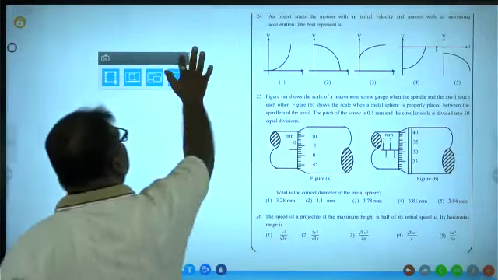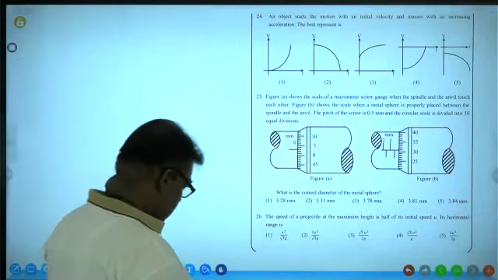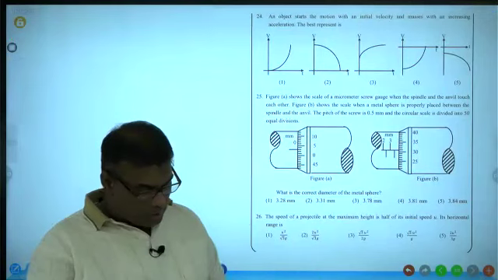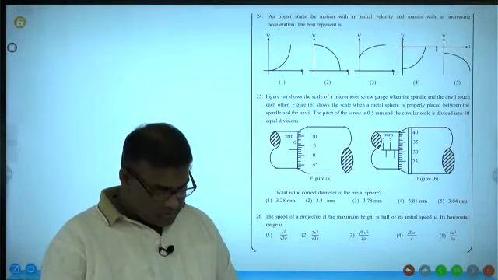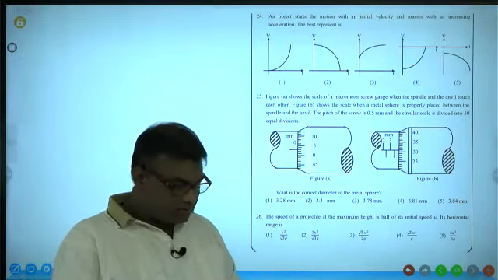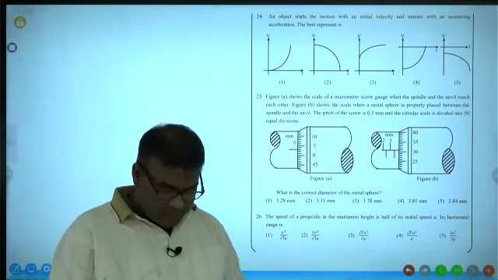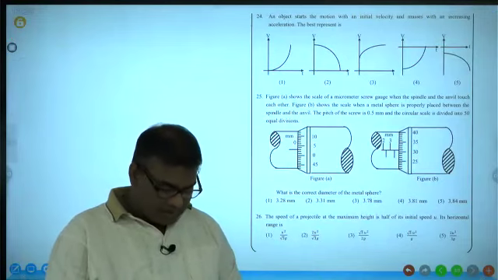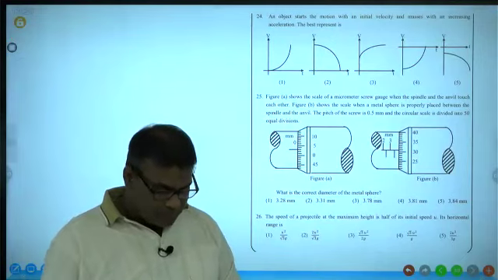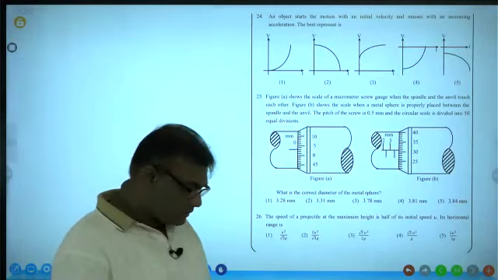Okay, number 24. An object starts the motion with an initial velocity and moves with an increasing acceleration. Motion starts with an initial velocity, right?